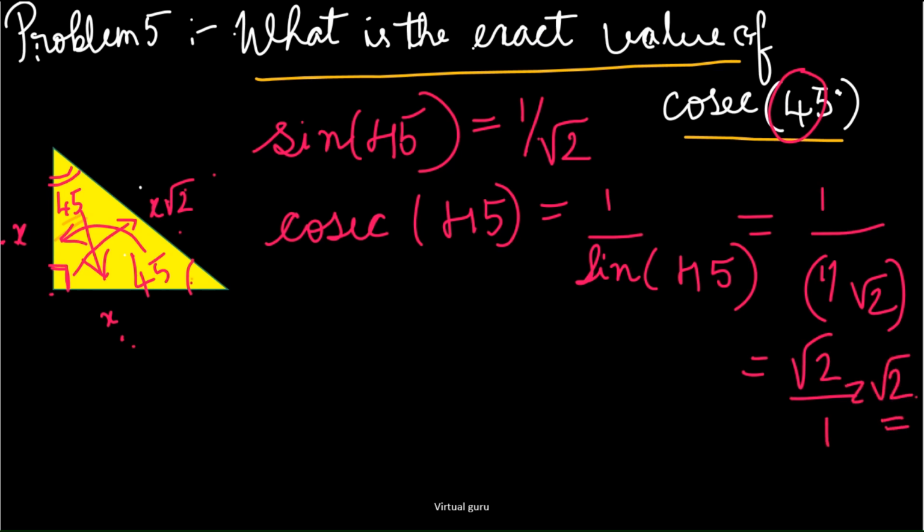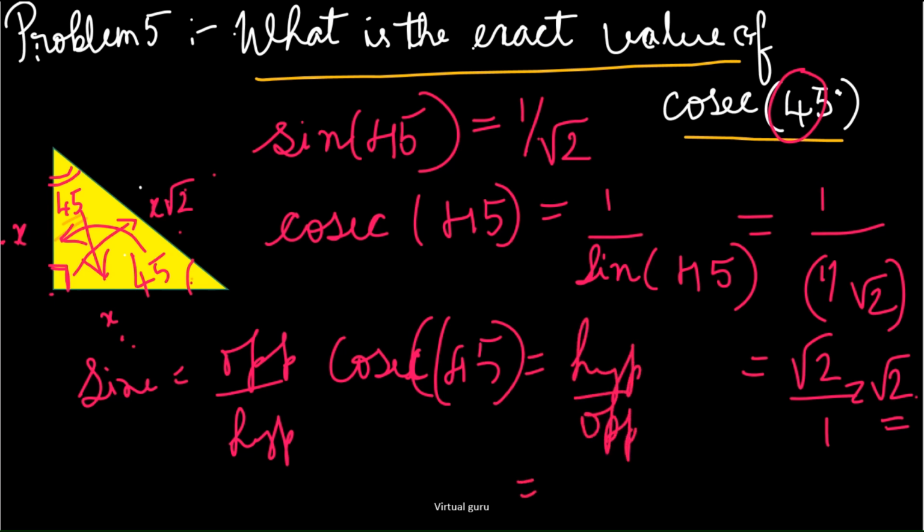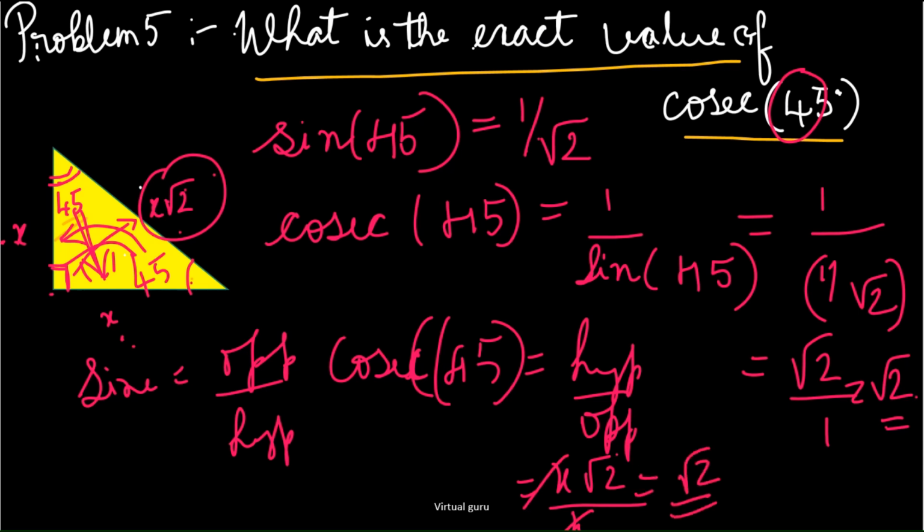Or else, we know that sine is opposite by hypotenuse, so cosecant will be hypotenuse by opposite. What is our hypotenuse here? x root 2, and opposite, take any 45 angle, whatever opposite it will be x only. So x will get cancelled and what remains is root 2. Either you can do it this way or this way, both will give the same answer.